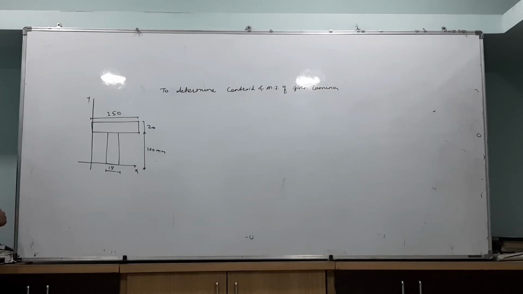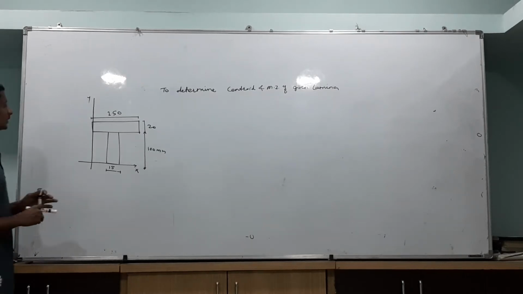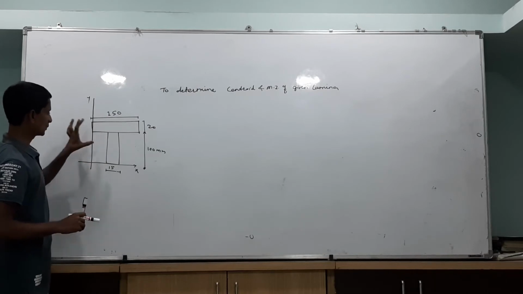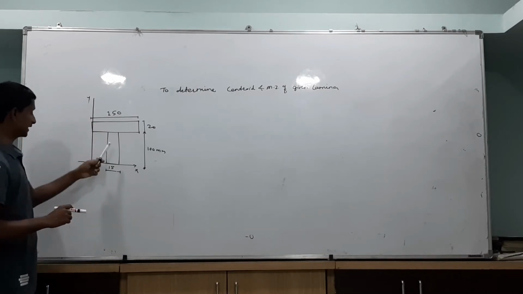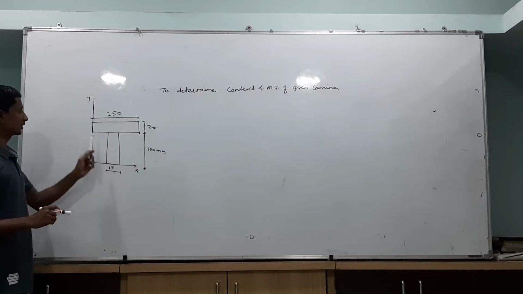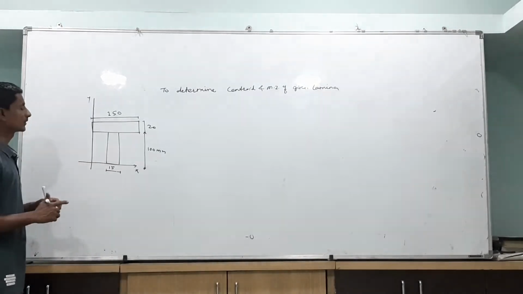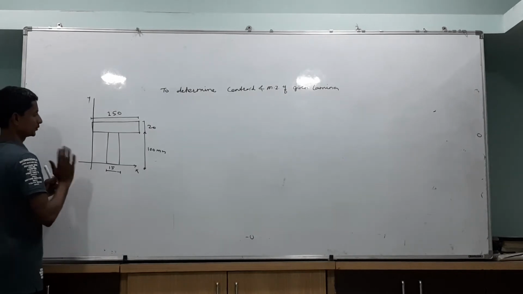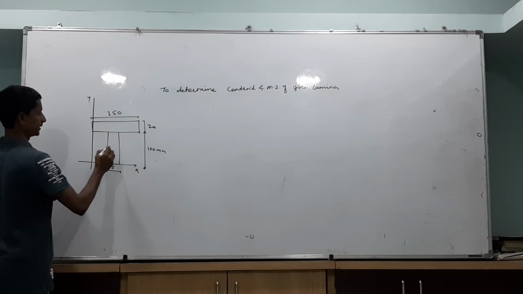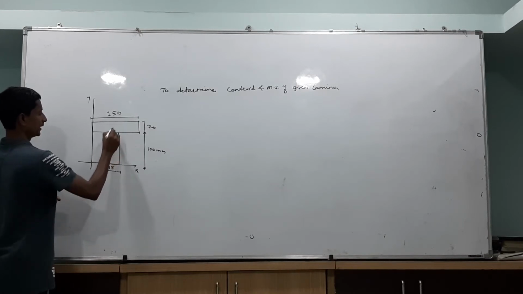After that, we have to split or divide the figure into standard areas whose centroid and MI can be calculated. In this case, we are going to divide this T section into two rectangles, that is rectangle number 1 and rectangle number 2.